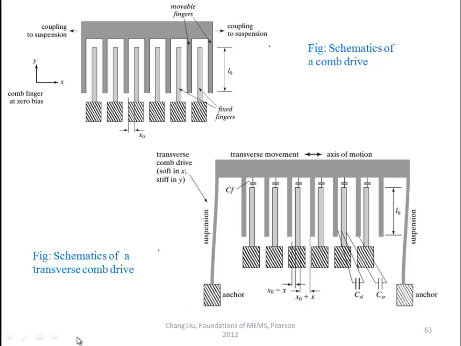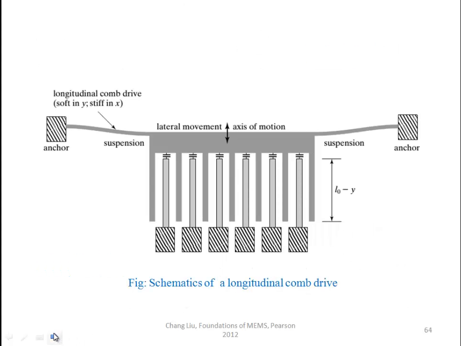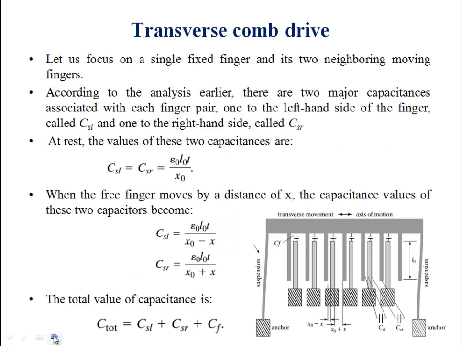In the longitudinal comb drive, the movable fingers move in the up and down direction. So the first one, transverse comb drive. As I told, transverse comb drive means the fingers can move to the right or to the left side.